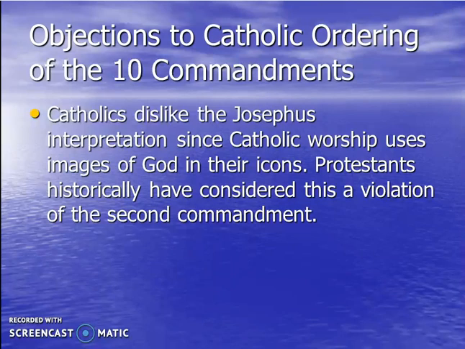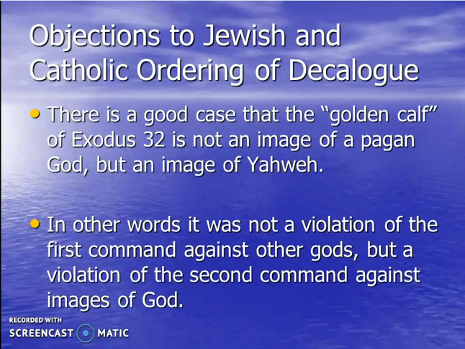Protestants historically have considered all the Catholic icons a violation of this second commandment. And that would find support in Exodus 32, the golden calf story. It turns out that the best interpretation of the golden calf story is that it is not an image of a pagan god.